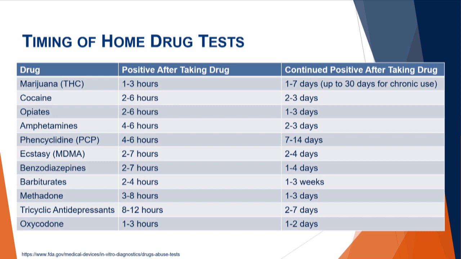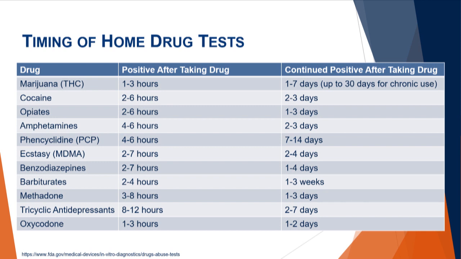And on the far right column, you see how long a test result will continue to be positive after taking that drug. Most substances of abuse will turn up positive within hours and certainly within the first day after ingesting the substance. For most drugs of abuse, they will continue to be positive for about 1 to 4 days and remain in the system. However, there are a few exceptions.